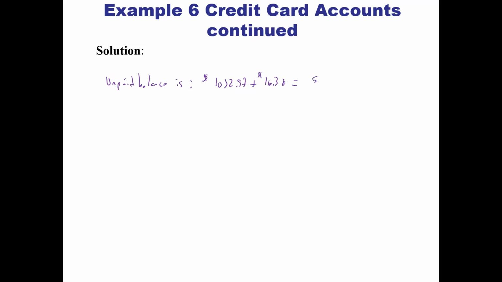And so it looks like $1049.35 is going to be the unpaid balance. And so that's what they were looking for as the final value on that one. All right, so that's all I have for this section. Hopefully that helped.